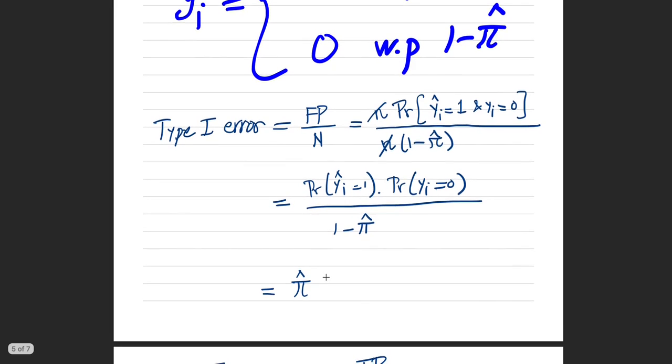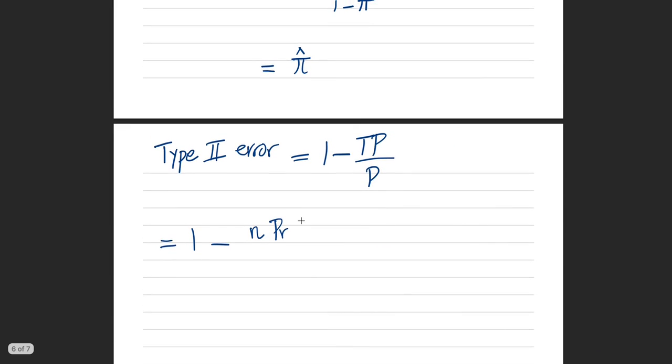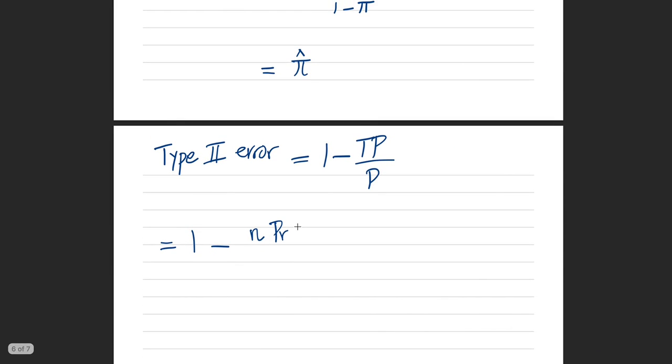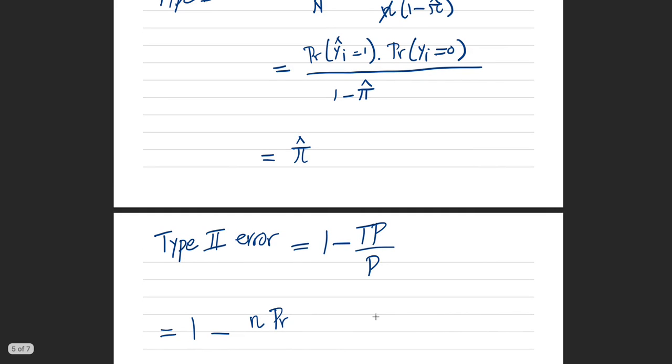So the type 1 error is pi hat, and similarly you can show that the type 2 error is 1 minus pi hat.